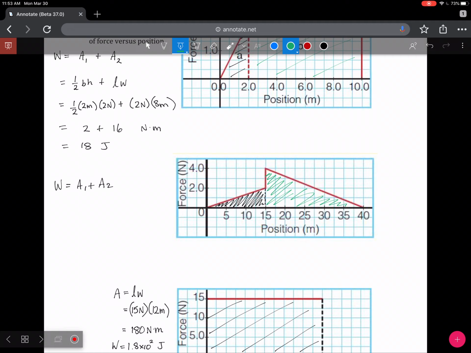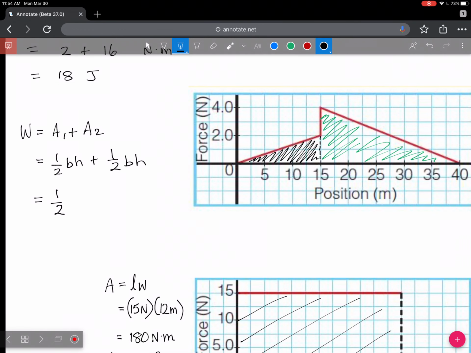At the 15-meter mark, something happens where the force dramatically changes in a moment of time. So we can calculate the total amount of work done by these separate forces by looking at this graph. They're both triangles, so 1/2 base height plus 1/2 base height. Let's just make sure we plug in the right values.